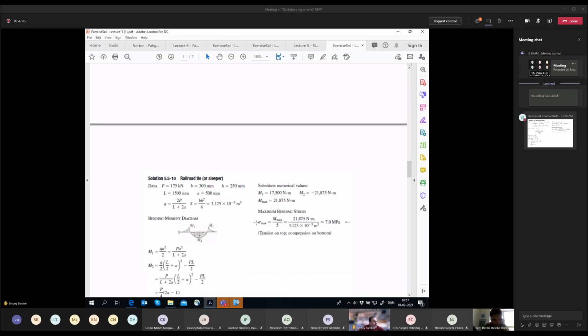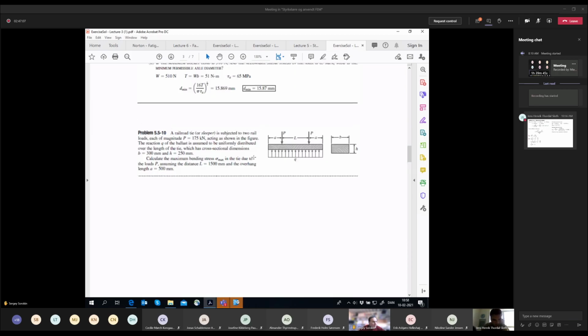Yeah. So then what we have to do, we return to this picture, and we say that we have x along the length, and x is 0 here, x equals a here, x equals a plus l here, and x equals l plus 2a here. Then we do this kind of chopping and balancing. First we do the cut here. You see my cursor, right?